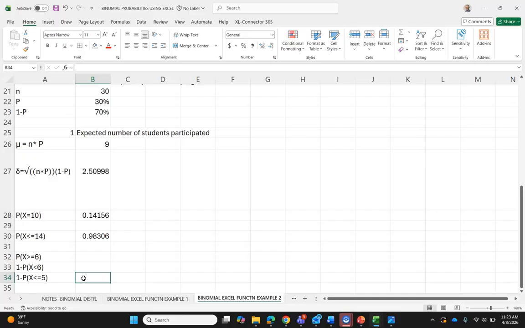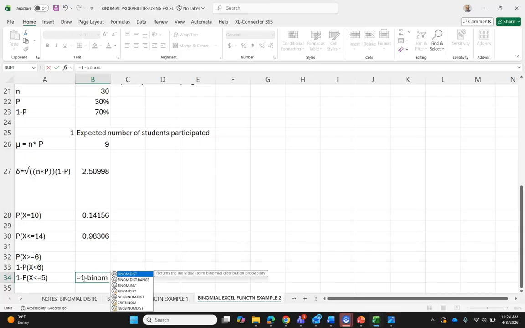So now in this case, we can put equal sign, click 1 minus the probability of x such that x is less or equal to 5. And so when I write binomial dist, we're going to look at the number. So in this case, it is 5. And then number of trials is 30. And then the probability is 30%.